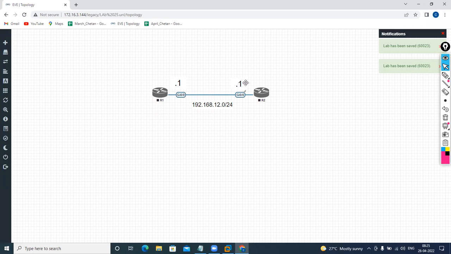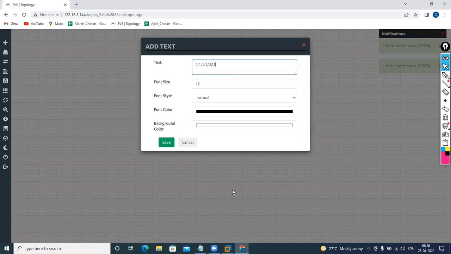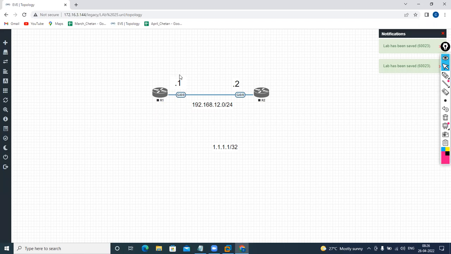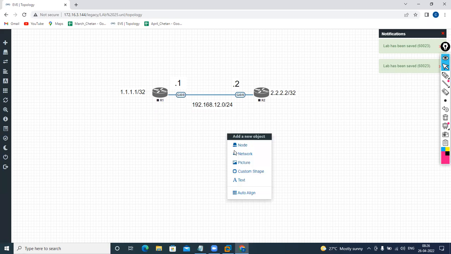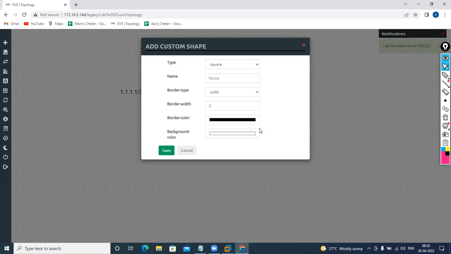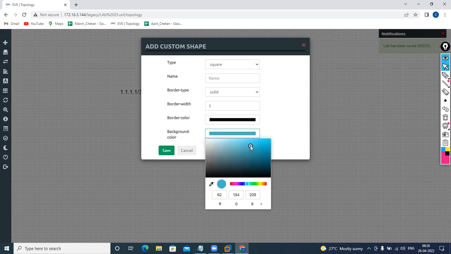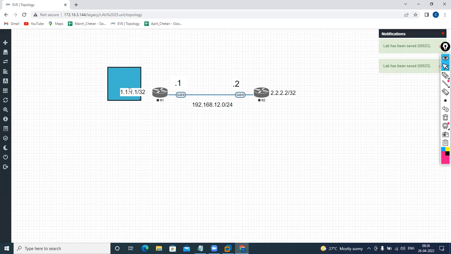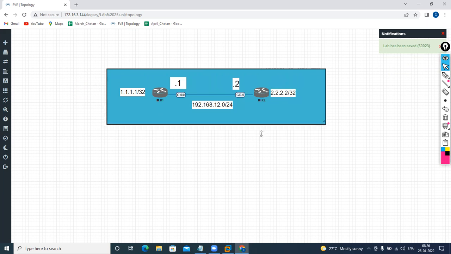This is dot two. We have a loopback on R1. This is the autonomous system number.